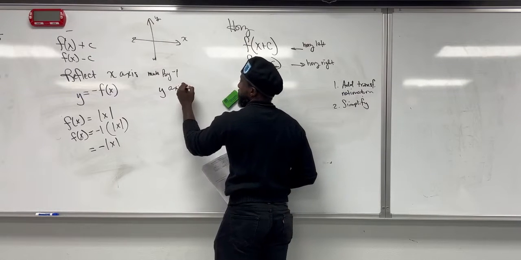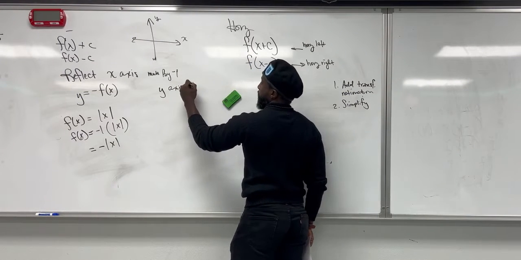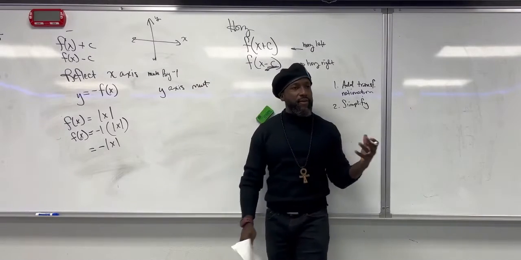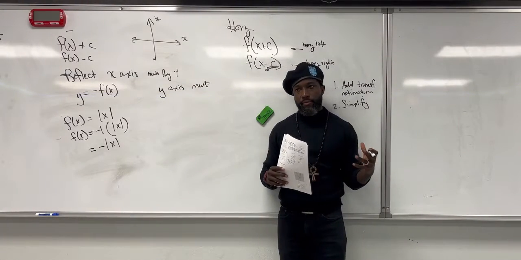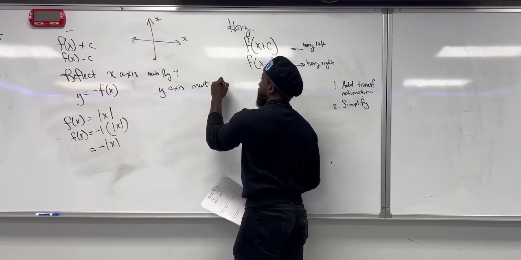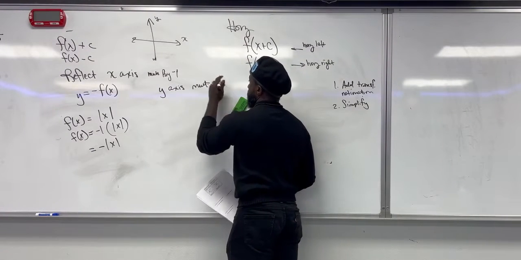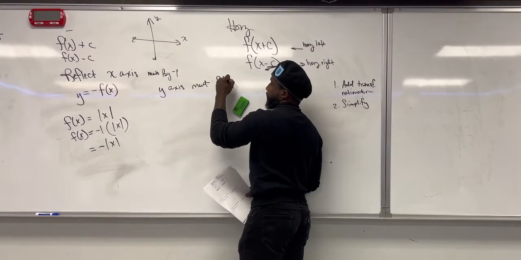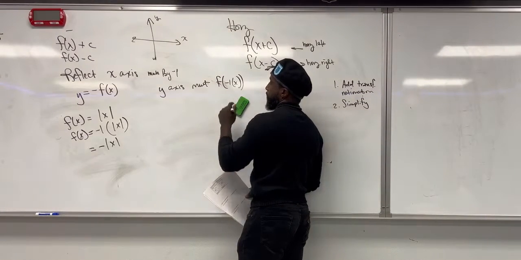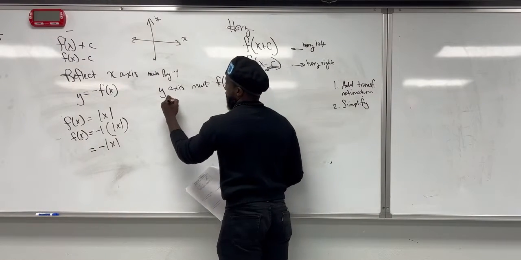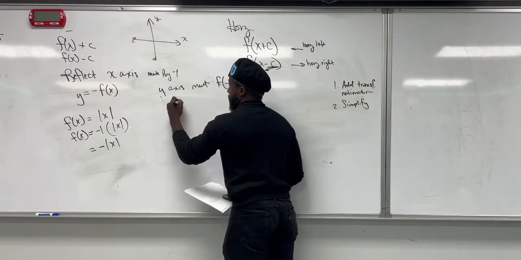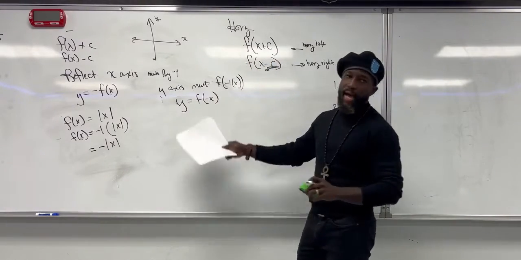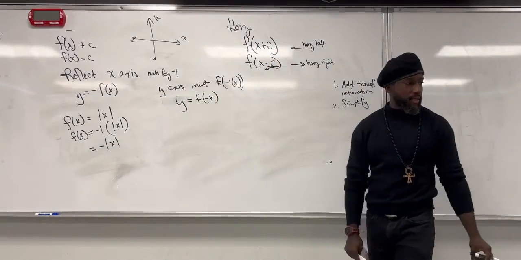What happens is you multiply the functional term, inside, by negative 1. Right? So that's what it looks like. It'll be y equals f of negative x. So whatever's inside, you multiply by negative 1. All right.